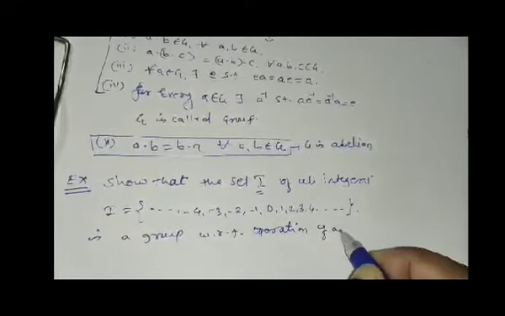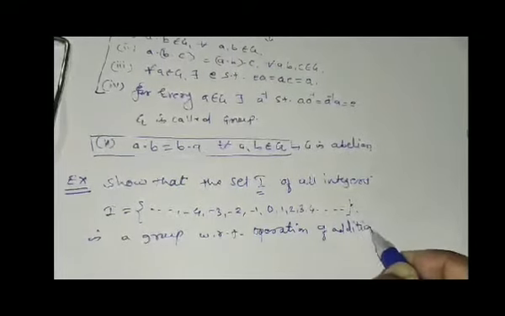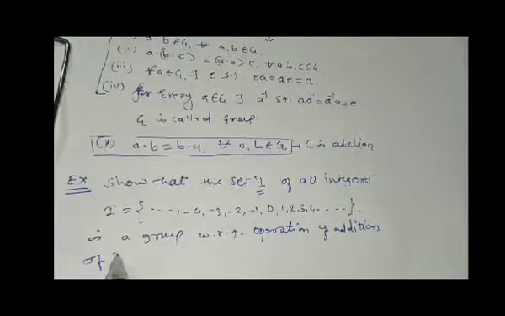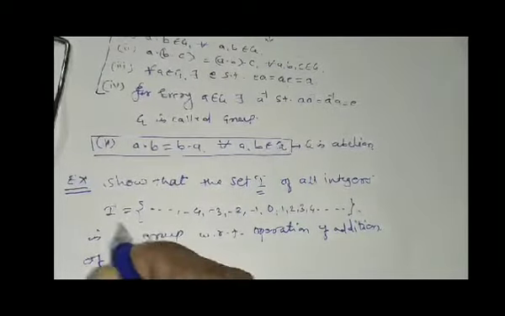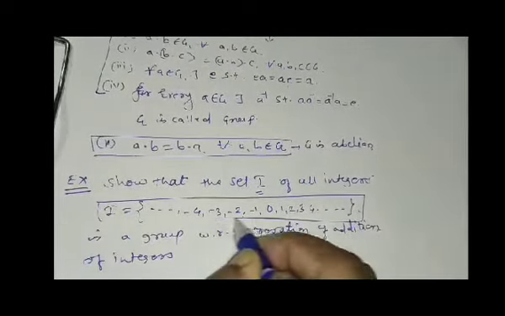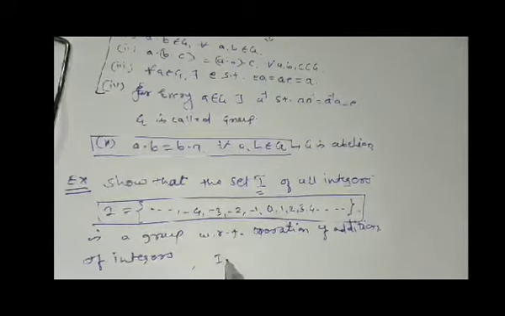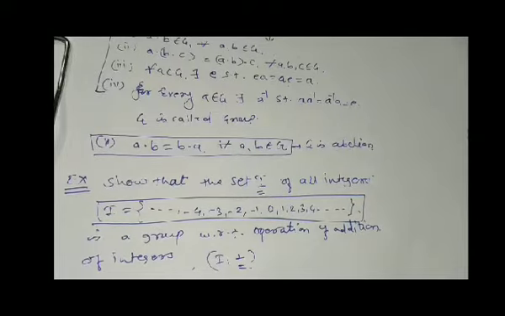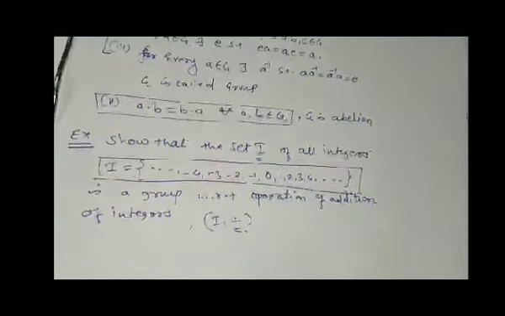Operation of addition of integers. That means this is a non-empty set, and we have to show that this set with respect to the binary operation addition is a group.